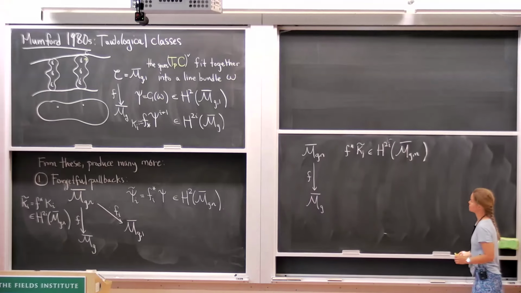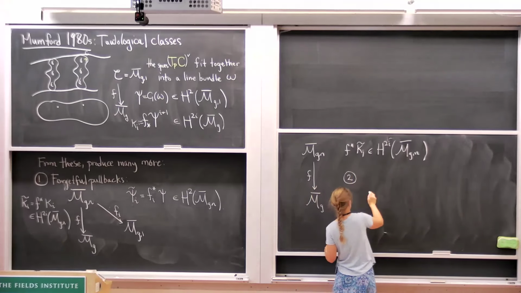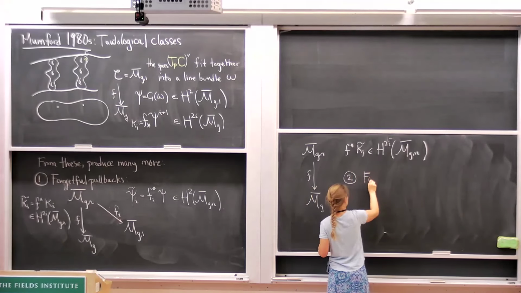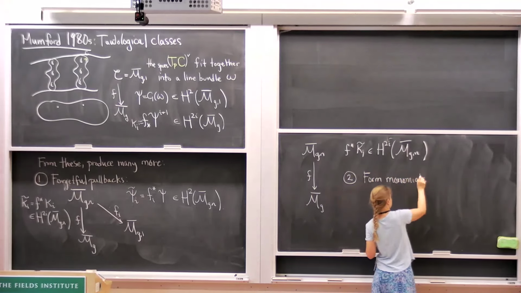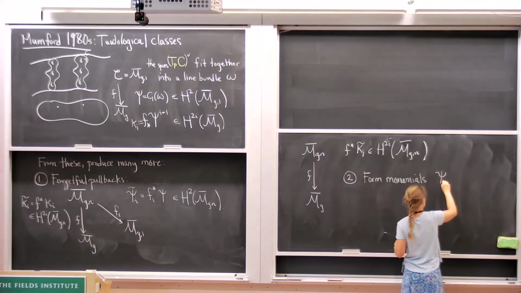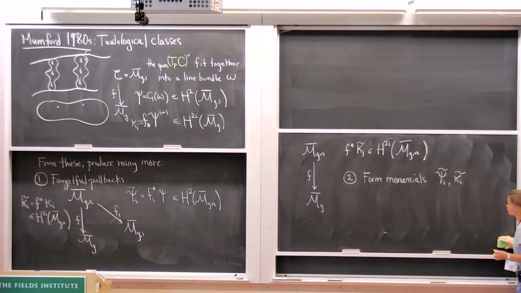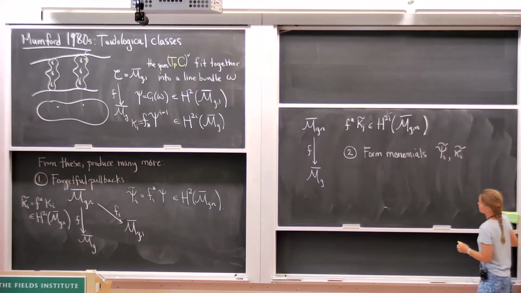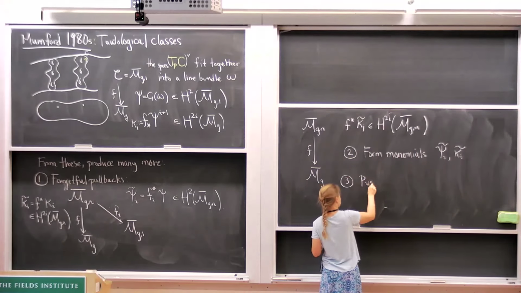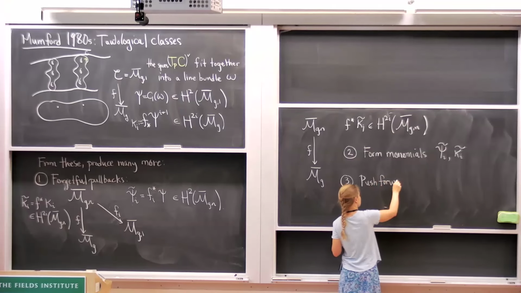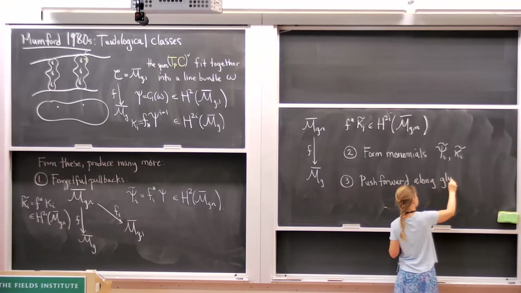All right, so that was step 1. Step 2 is that we get to form the monomials in what we've already got. So in these psi and kappa classes. And then step 3 is to take push forwards along gluing maps.